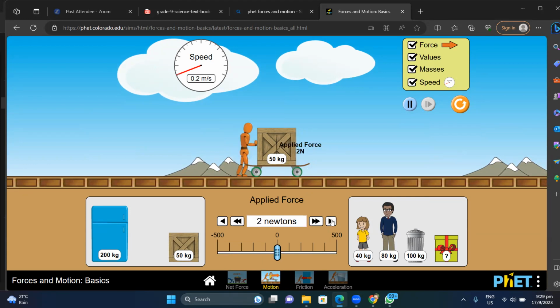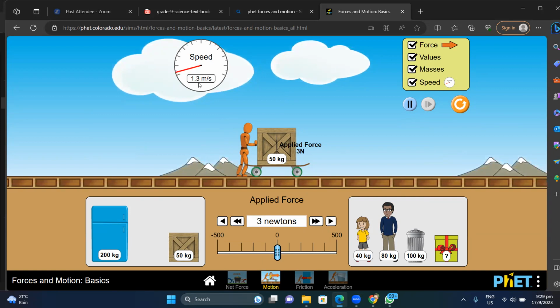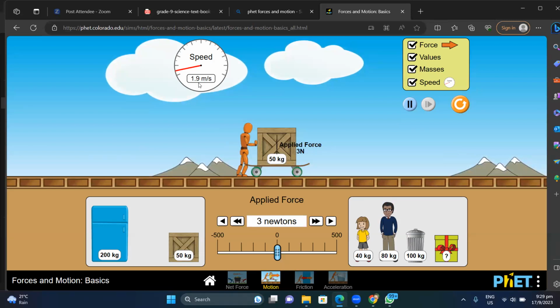Reset. Now, when you increase the force, now 3 newtons, you can see it's slowly moving. There is a speed, and it's not the same speed. If you continue to provide the same force, the speed will increase, and 3 Newton force is provided on 50 kg continuously.